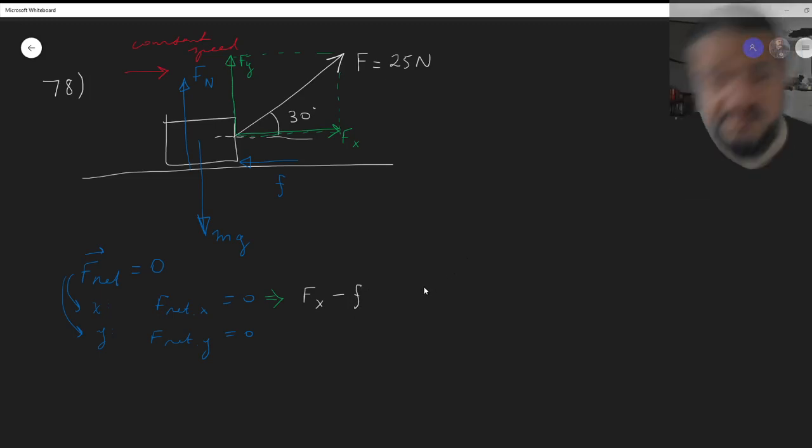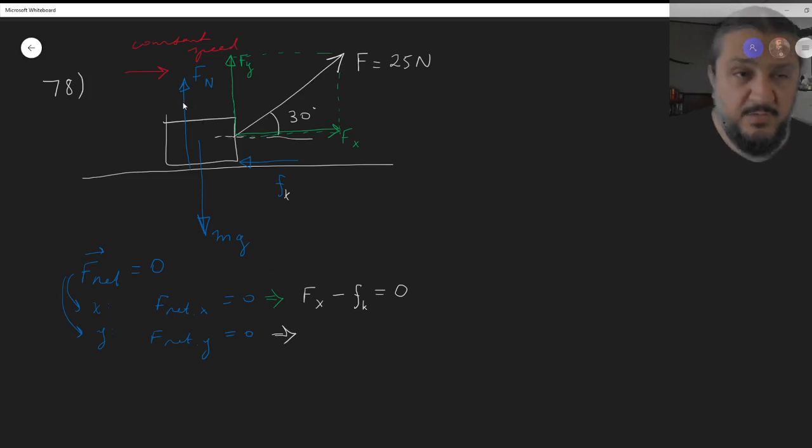So Fx minus little f, and this f is the kinetic friction force in this case. I can put a k there to separate it from static. Fx minus fk is equal to 0. Now what about the equation in the y direction?